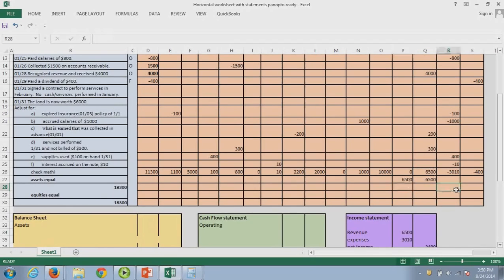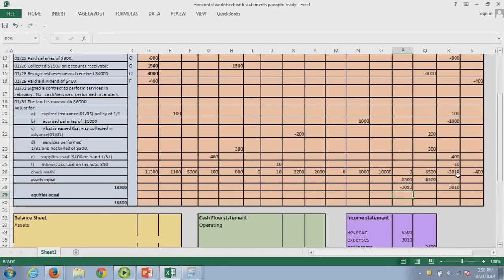Then I'm going to go down to the next line and start to deal with the temporary account expenses. And I'm going to say equals negative, do the opposite. So I'm going to add this number to the negative, and you'll see in a minute I should get 0 in that column. And I'm going to move it over to the retained earnings column.